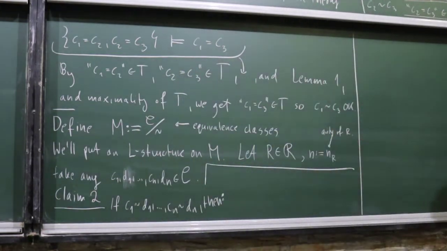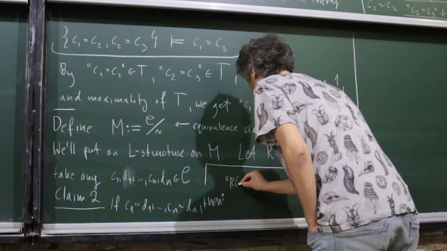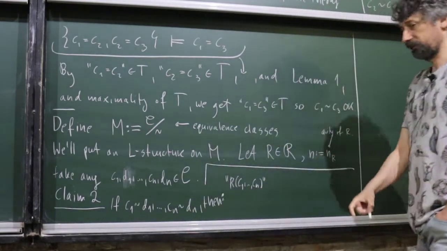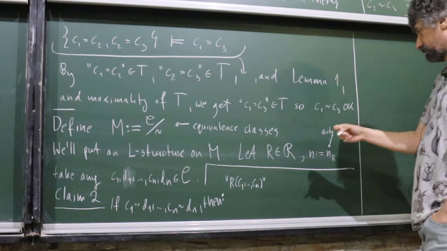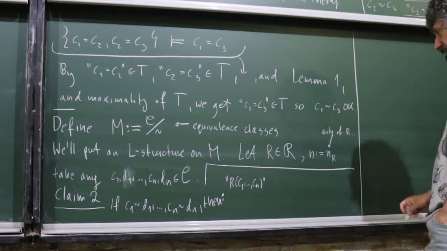Then we have that such a sentence, so this is a sentence, yes? If we plug into the relation symbol the appropriate number of constants, it becomes a sentence.